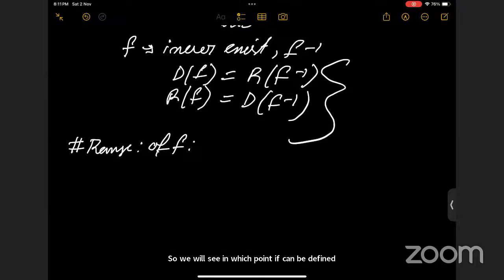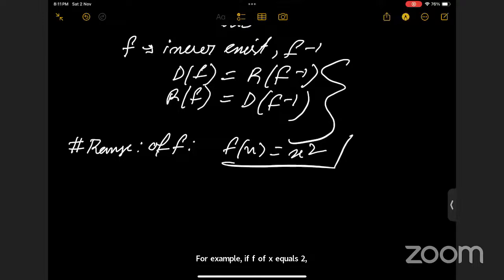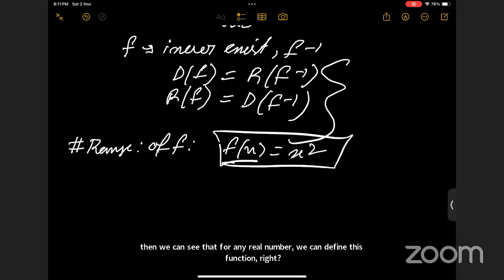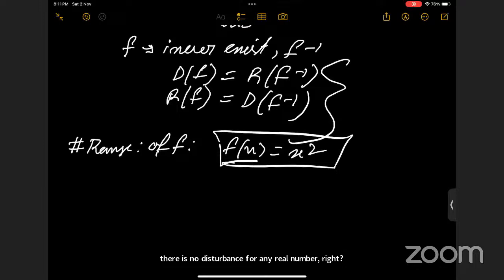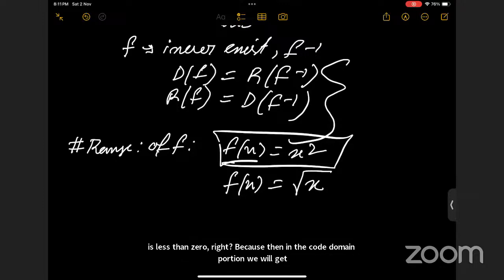For example, if f of x equals x squared, we can define this function for any real number. But suppose we have f of x equals root x. Then we cannot take anything less than 0, because in the codomain we would get something complex, with iota, so it would not be a real function.